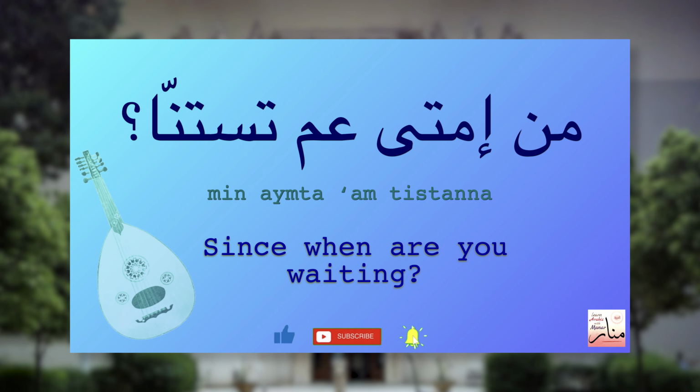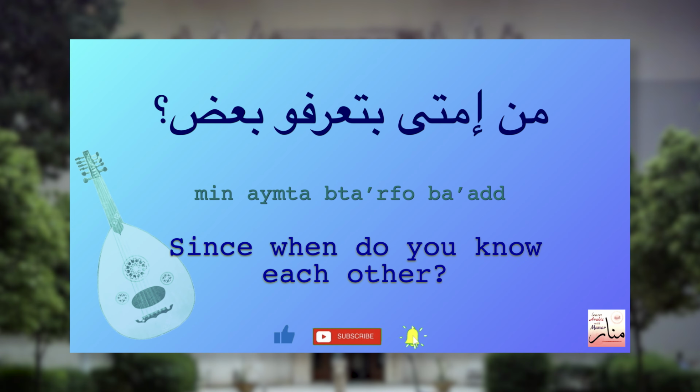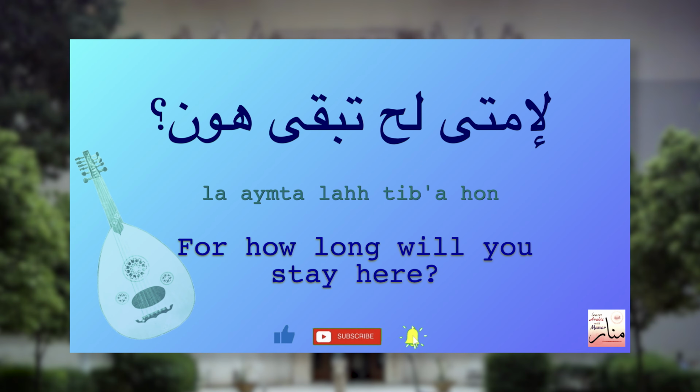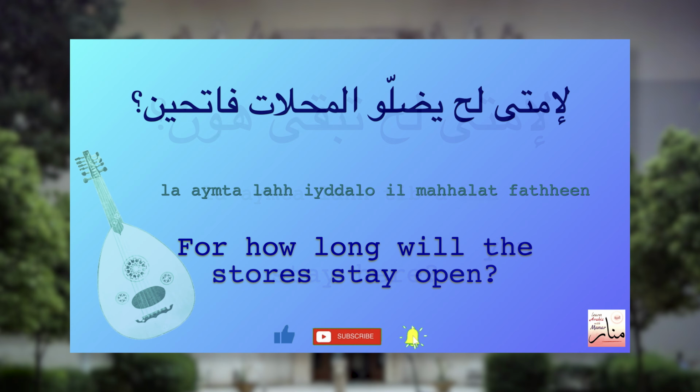Since when are you waiting? من إمتى عم تستنى? Since when do you know each other? من إمتى بتعرفوا بعض? For how long? لإمتى. For how long will you stay here? لإمتى رح تبقى هون? For how long will the stores stay open? لإمتى رح يضلوا المحلات فاتحين?